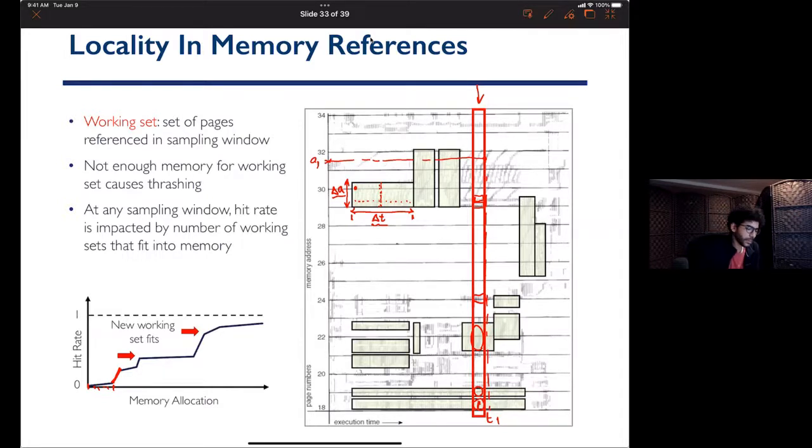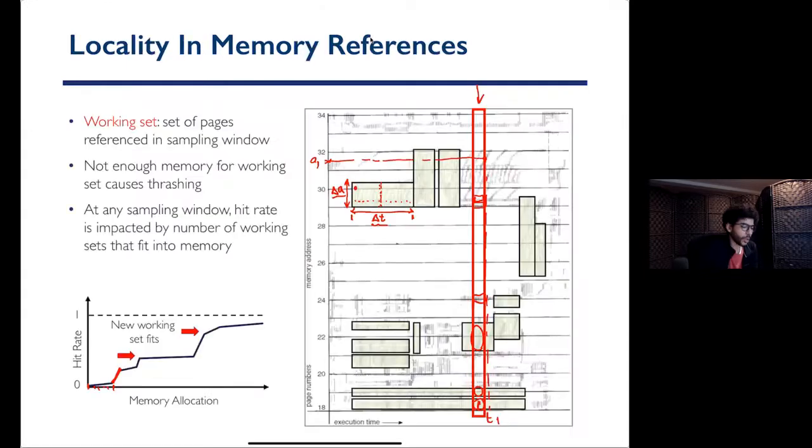Then you start giving me more and more memory, so I can fit my second working set. Now again, I get a boost here. Now, for the third one, you start giving me more and more memory. At some point, I can fit this new working set.